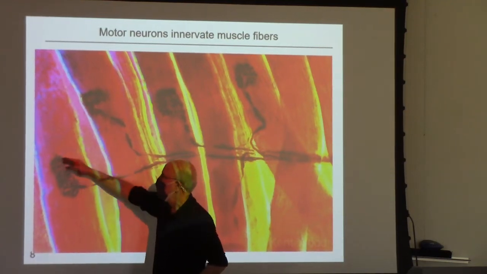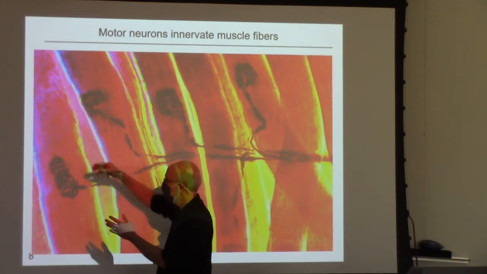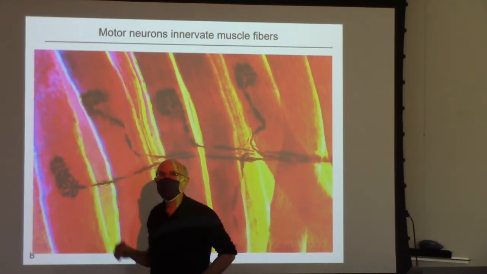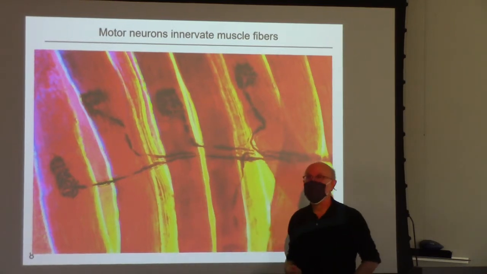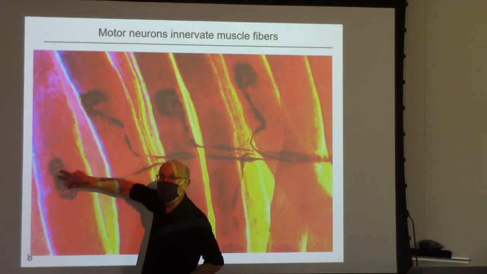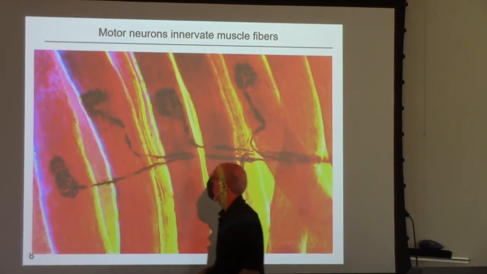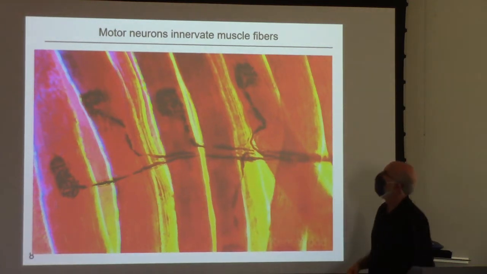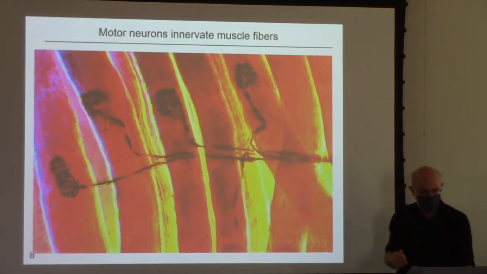Action potential, neurotransmitter release, excitation, and then an action potential spreading on the surface of the muscle. Muscles fire action potentials in order to spread the excitation from the one synapse all the way from one end of the cell to the other. So this is a specialized synapse, which we'll talk about in a minute.